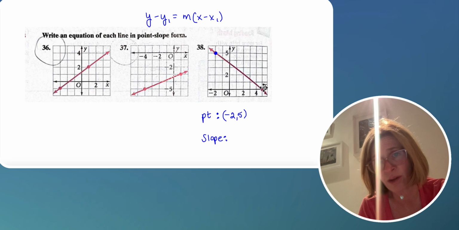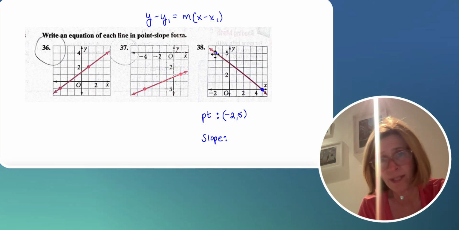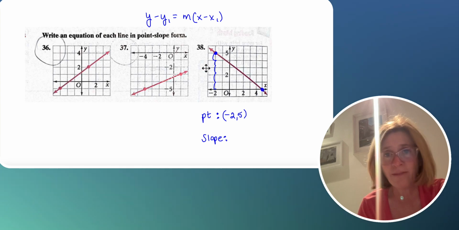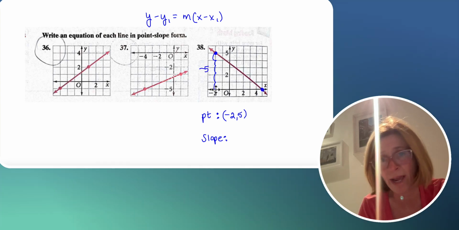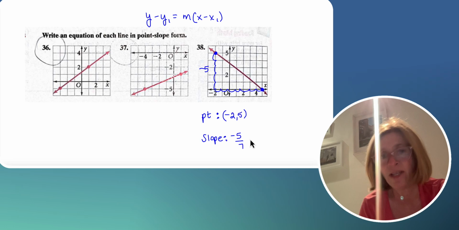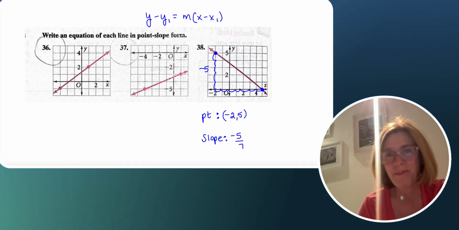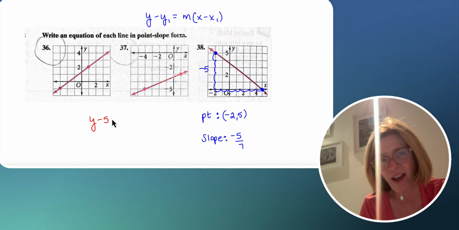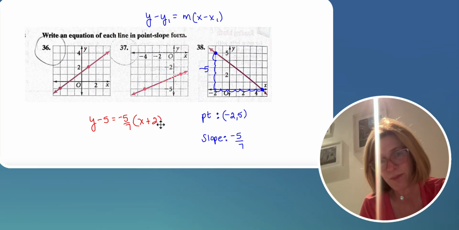I'm going from here to here. I'm going down 1, 2, 3, 4, 5, so down 5, and right 1, 2, 3, 4, 5, 6, 7. So down 5, right 7. I have my point, I have my slope. I substitute them right into the equation: y minus 5 equals -5 over 7, x plus 2.